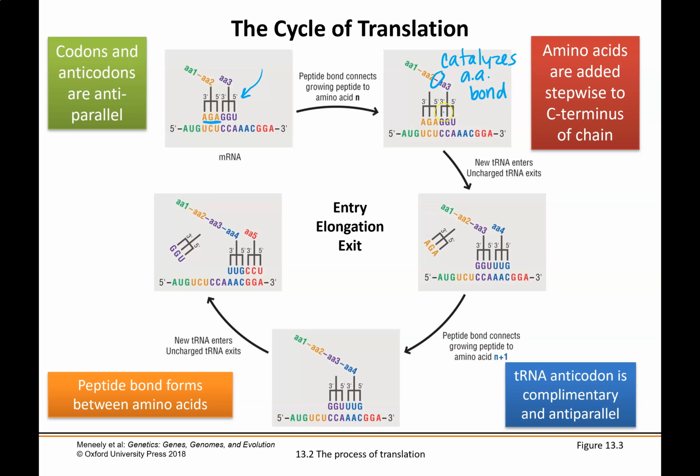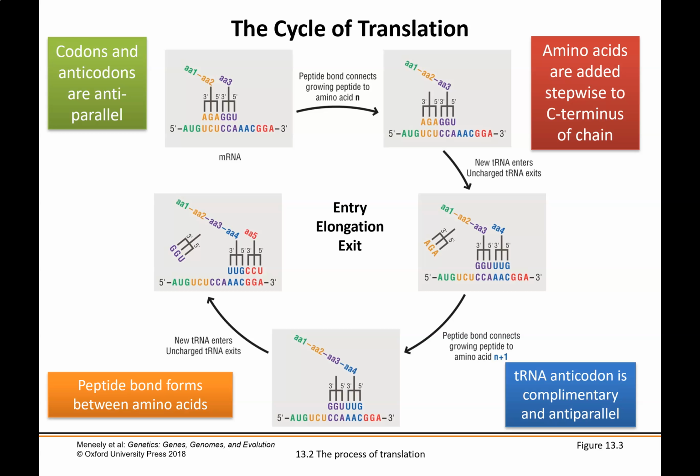And then the system shifts and the empty transfer RNA is moved off. Another amino acid comes in. That bond is transferred to the incoming amino acid, and our amino acid chain continues to grow.